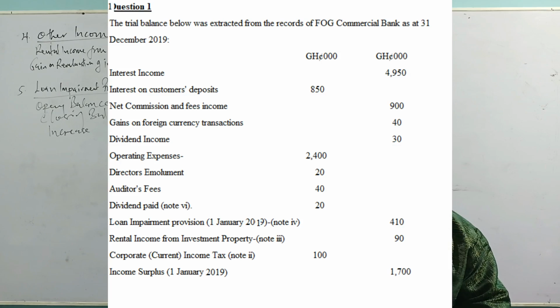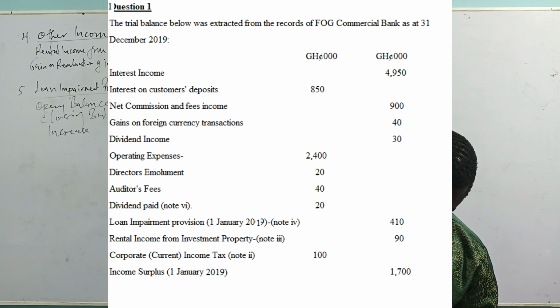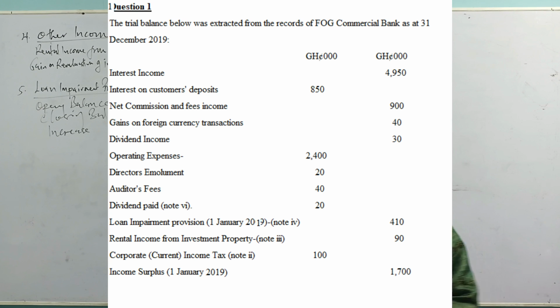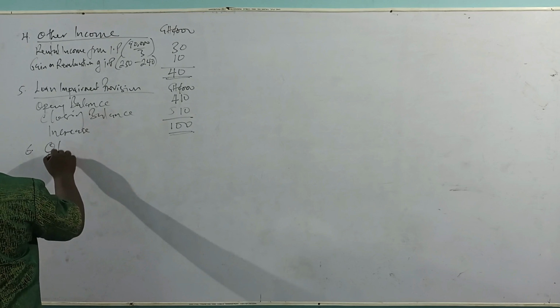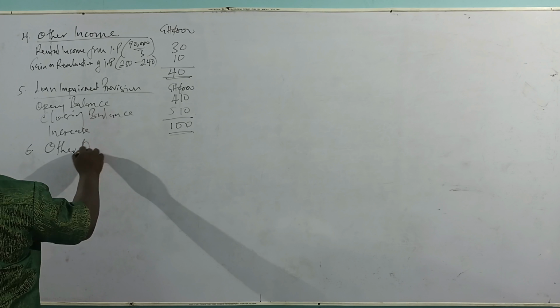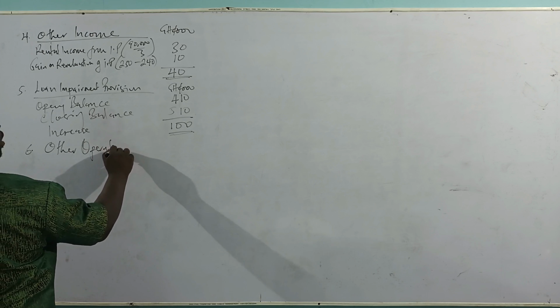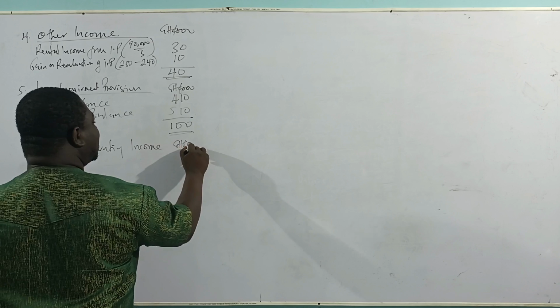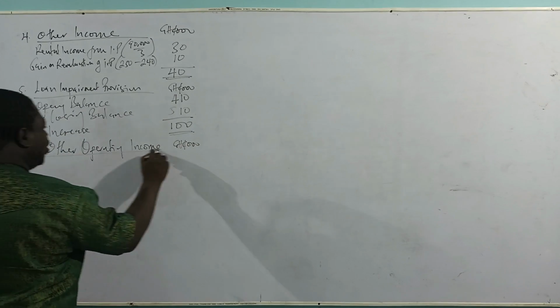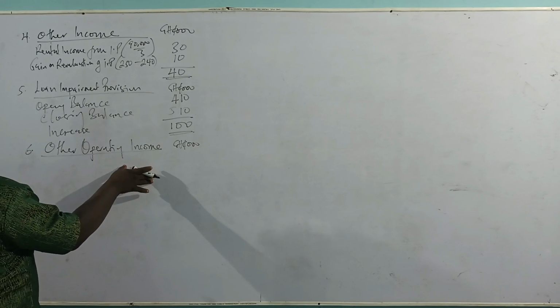That is, the first one is the gains on foreign currency transactions, and the second one is the dividend income, which follows. So working 6, I'll call it other operating income, and I want you to differentiate other income from other operating income. Now there are 2 of them here.